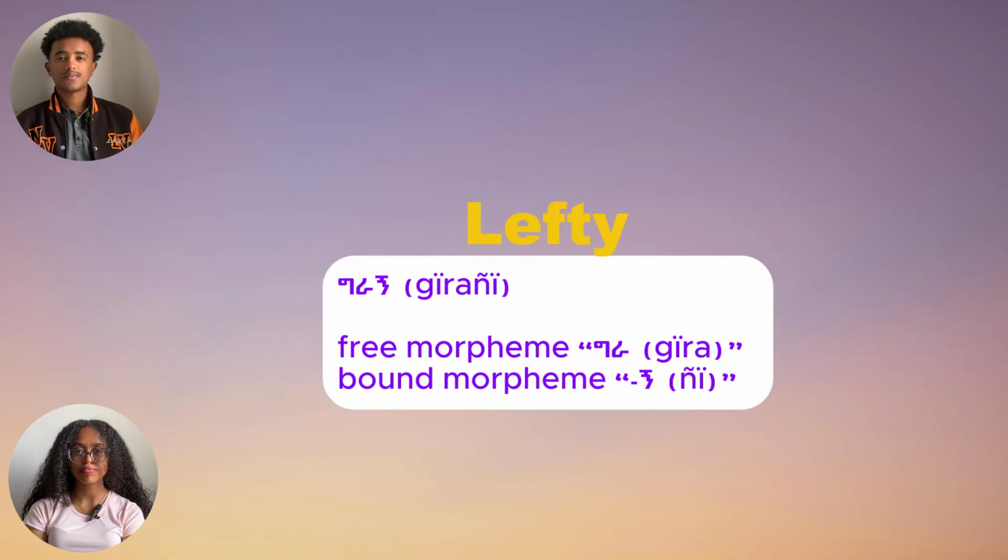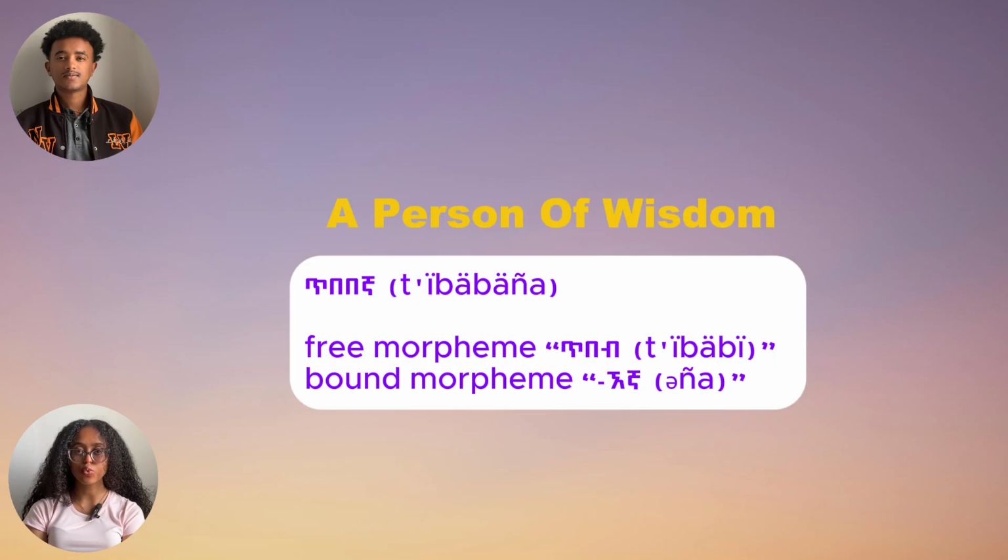Lefty, gïrañ, which is made from the free morpheme gra and the bound morpheme ñ. Person of wisdom, ጥበበኛ, which is made from the free morpheme ጥበብ and the bound morpheme እኛ.